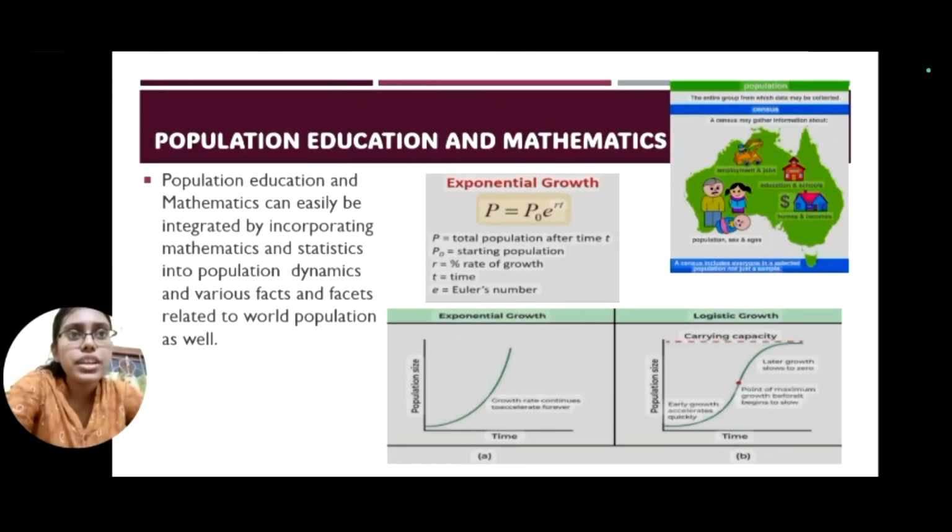In geography, we use bar graphs, line graphs, histograms, and pie charts to show census data, representing population pyramids using geometrical figures.